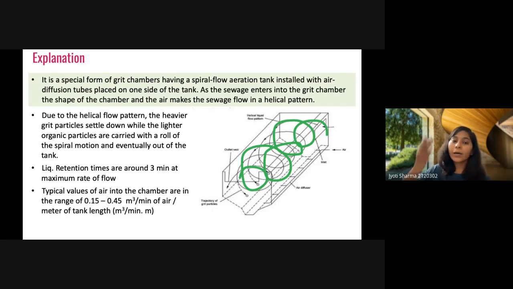We know now that the velocity is less than or near 0.3 meter per second. Why? Because we want our organic matter in suspension, and we want the larger particles to settle down. This kind of separation can be enhanced when we give air to the grit chamber, and this is how it will have the helical pattern, and the same can happen with efficiency.